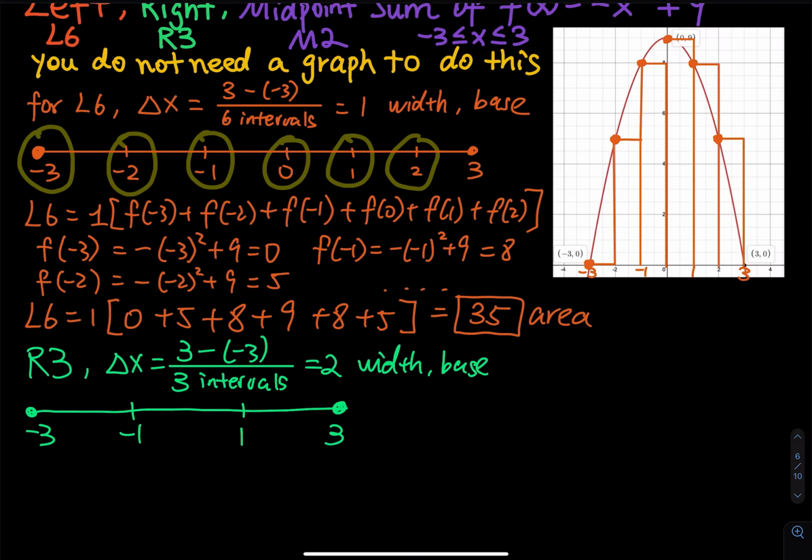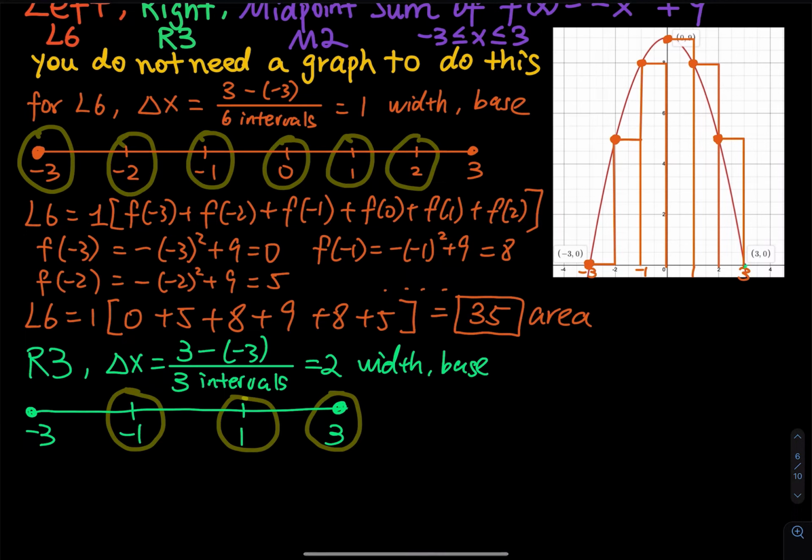So for the right sum, the phrase that you have to keep in mind is we go from right to left. Again, we go from right to left. We take every x except the last one on the left, because that gives me 3 intervals already. Back to the previous problem, how come we don't take the 3?